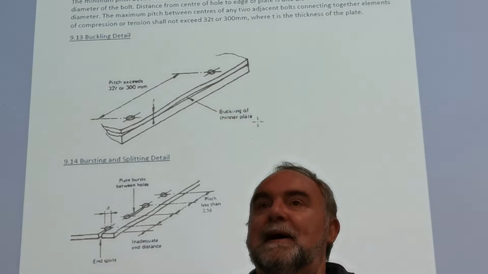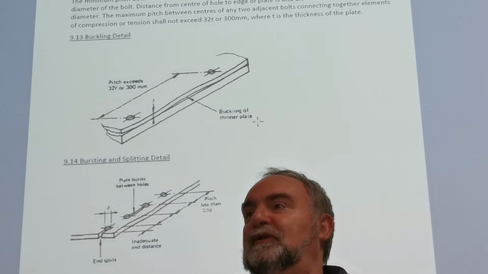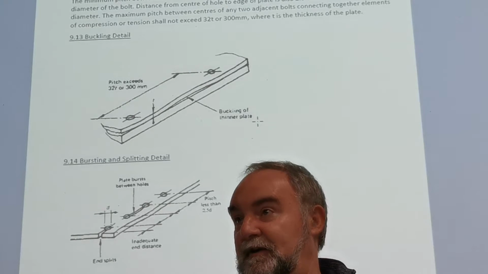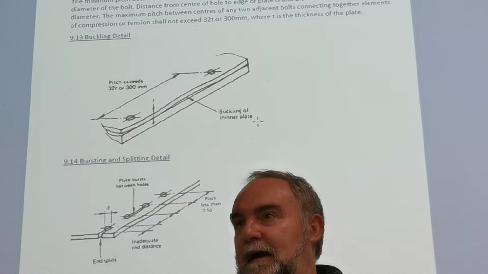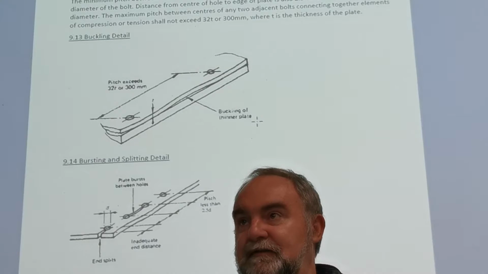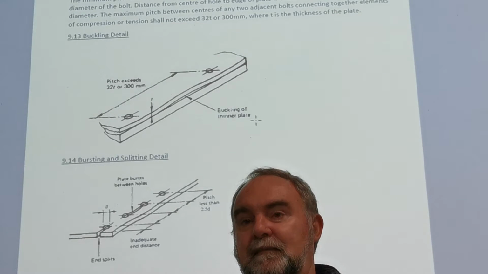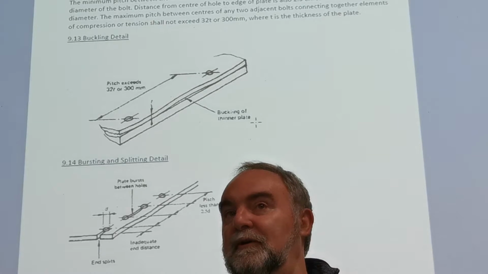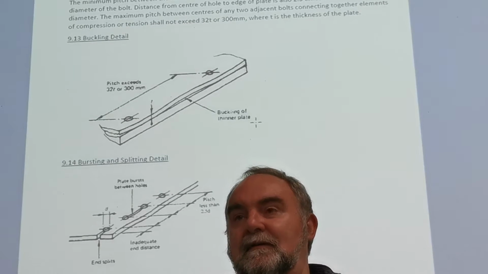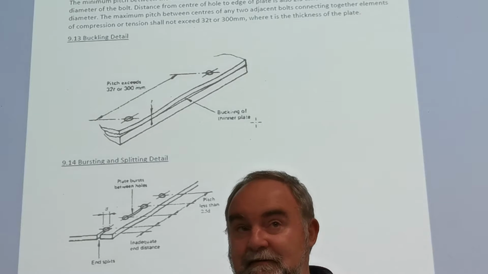So here's your dilemma. You've got an assignment 3 due on the second week of the holidays. This week, actually. Yeah, the middle week, the middle Sunday of the holidays. And for that you need to do a steel schedule. And on that schedule is a plate.